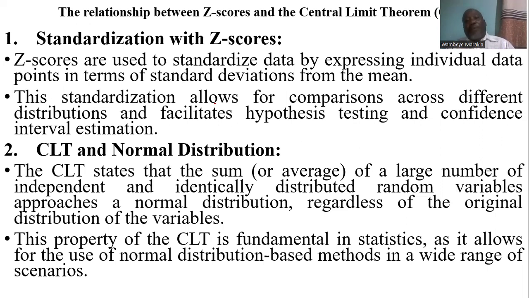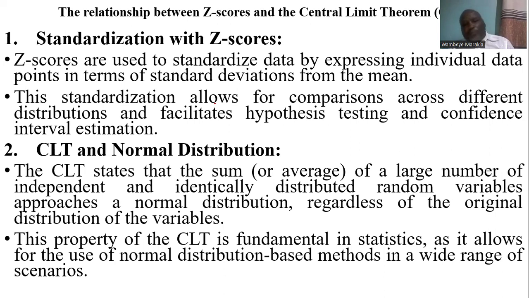We began our lecture by showing how we calculate Z-scores from the raw data, by subtracting the mean from every score and dividing whatever we get by the standard deviation. This standardization allows for comparison across different distributions and facilitates hypothesis testing and confidence interval estimation, as we will see at the end of the lecture.